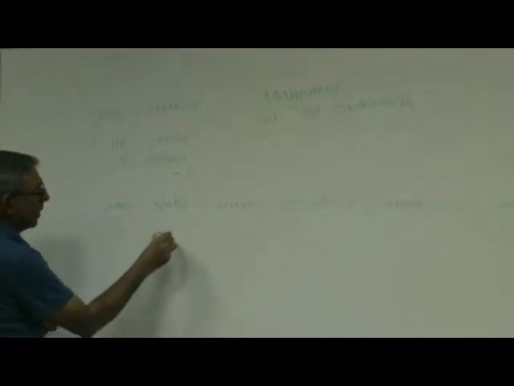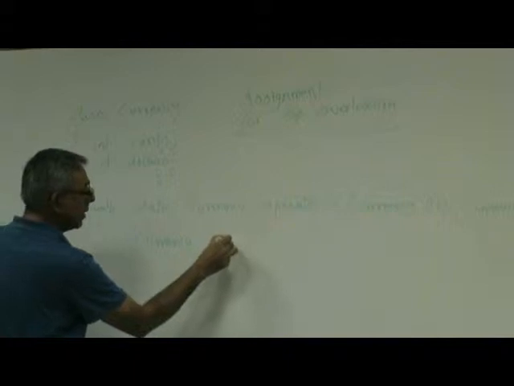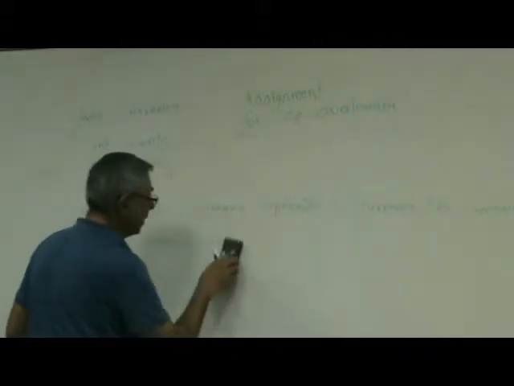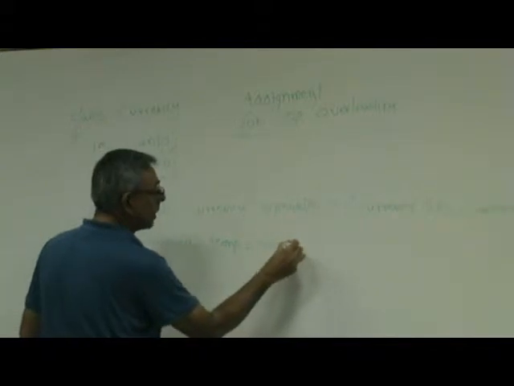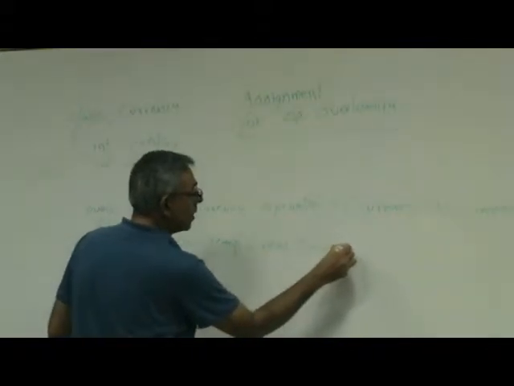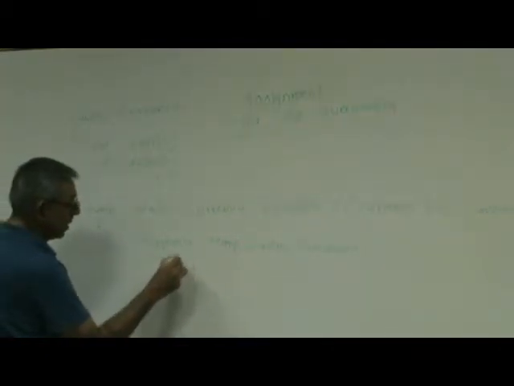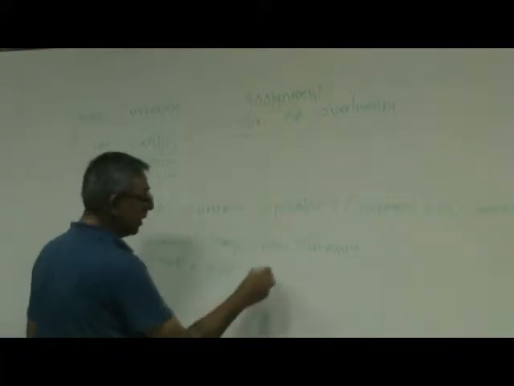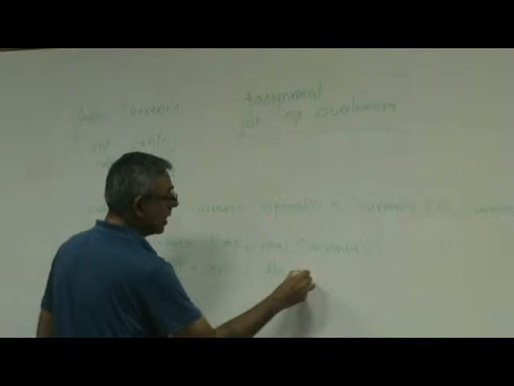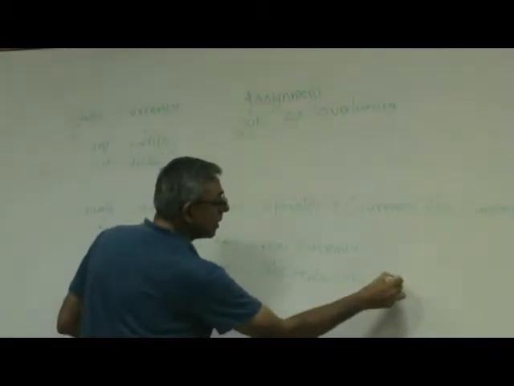So for example, your typical code will be something like this: currency temp equal to new currency, and then you will do temp dot cents equal to left hand side dot cents plus right hand side dot cents, right?